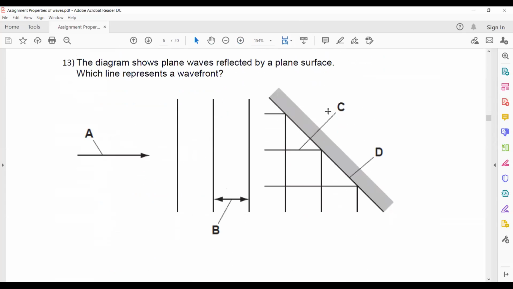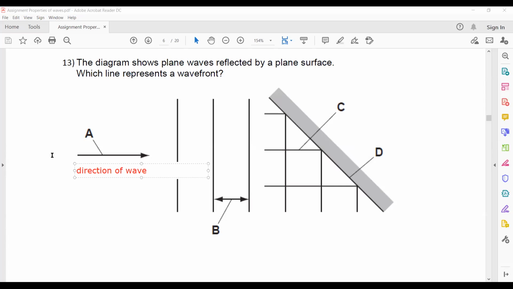The diagram shows a plane wave reflected by a plane surface. Which line represents a wavefront? A is the direction of the wave, because the direction of the wave is always perpendicular to the wavefront.